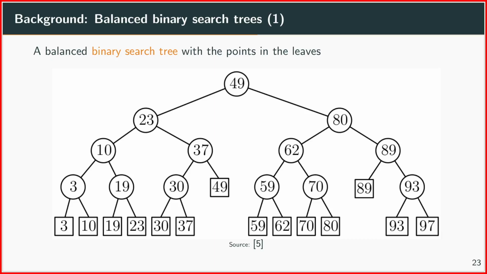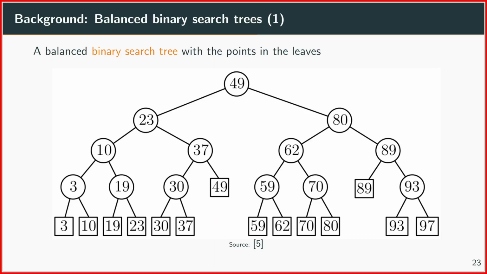All the leaf nodes represent the samples, and all the non-leaf nodes represent a value, and this value is always greater or equal to all the values in the left subtree and always smaller than all the values in the right subtree. So for example, if you have a 23 here, then you know that the largest value in this subtree is 23, and all the values in the right subtree are always strictly larger than 23.